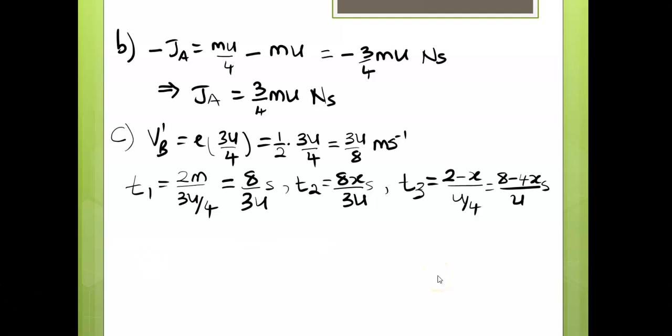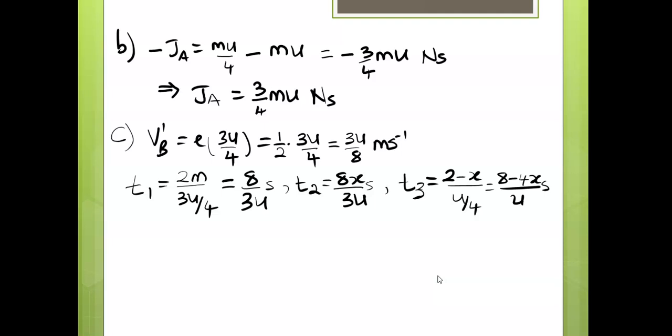For us to show that the distance is 0.8 meters, we've calculated the velocity of B after the first impact, which was 3U over 4. Now, B is 2 meters away from the wall. So the time is 2 meters divided by 3U over 4, which is 8 over 3U seconds.